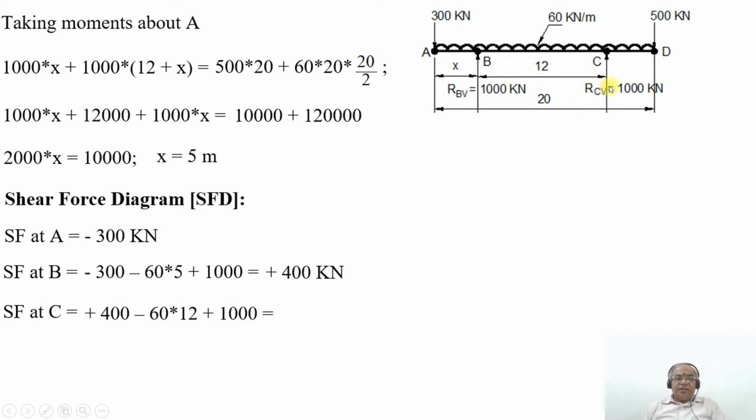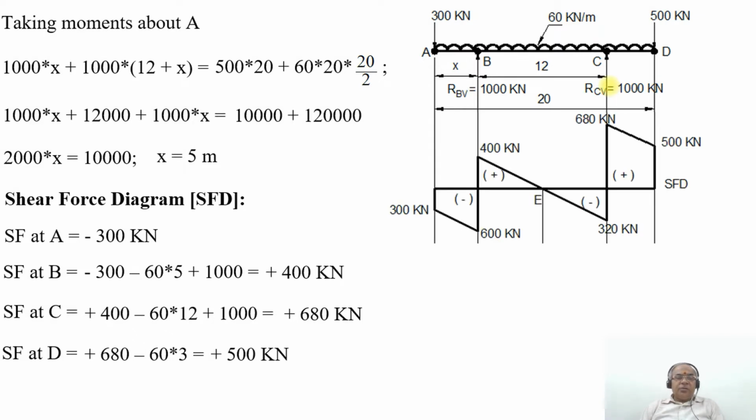On simplification, you are going to get plus 680 kilonewton. Similarly, SF at the point D will be equal to plus 680 minus 60 into 3, which will be equal to plus 500. So SF at D will be equal to plus 500 kilonewton.